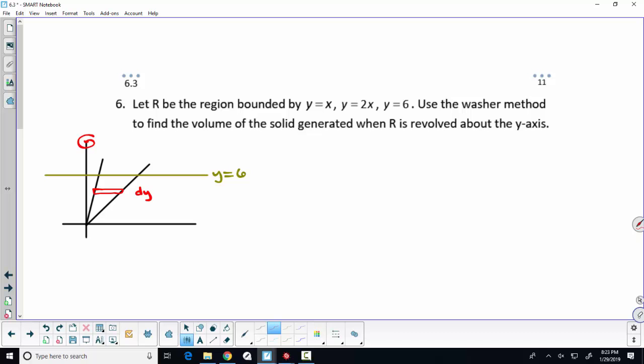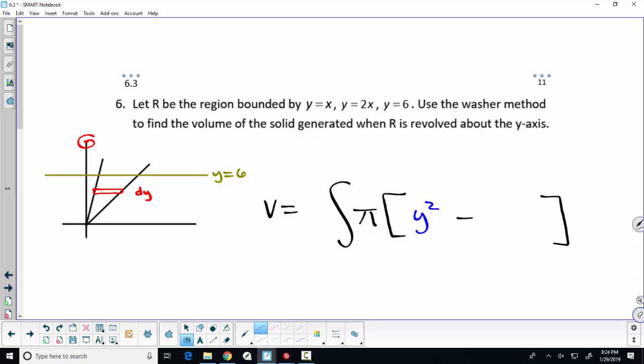Did anybody get the setup and feel confident sharing with us? Or do you need more time? I'm not confident, but I'll try. All right. I think volume equals pi, and then in brackets, y squared minus y squared over 4.